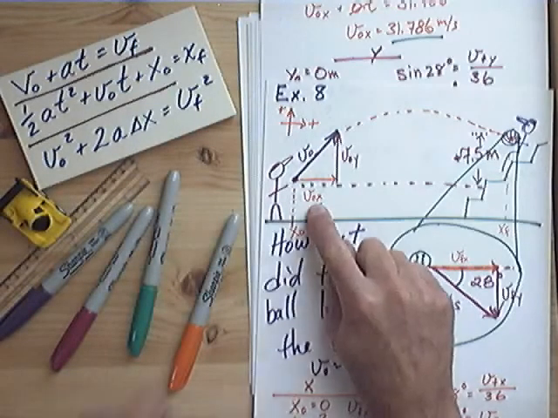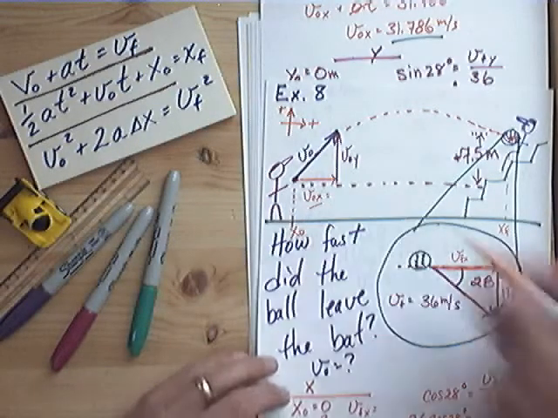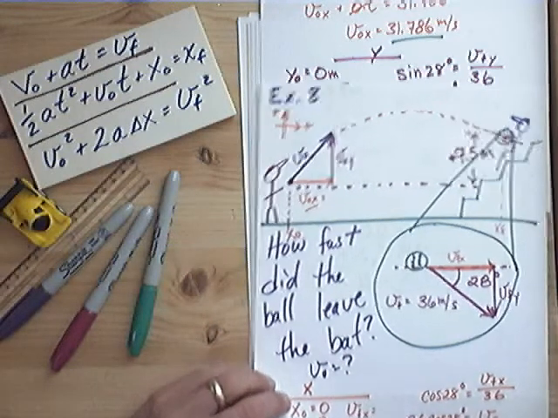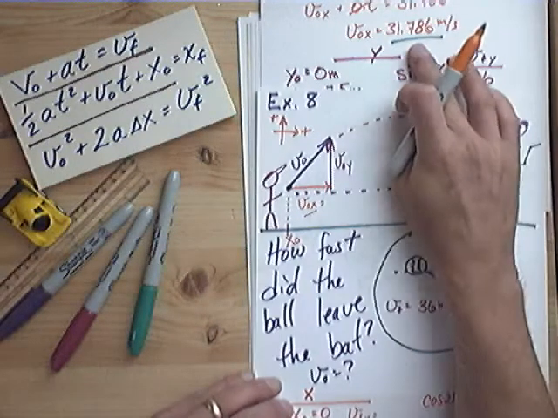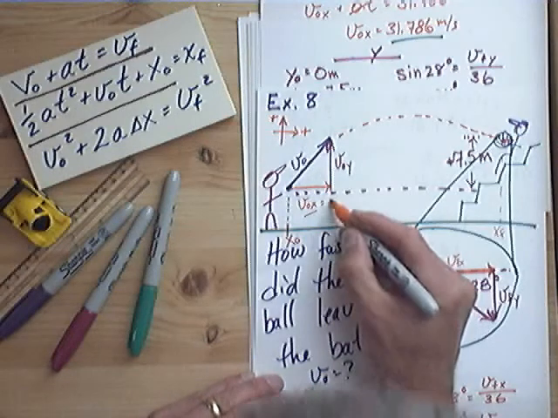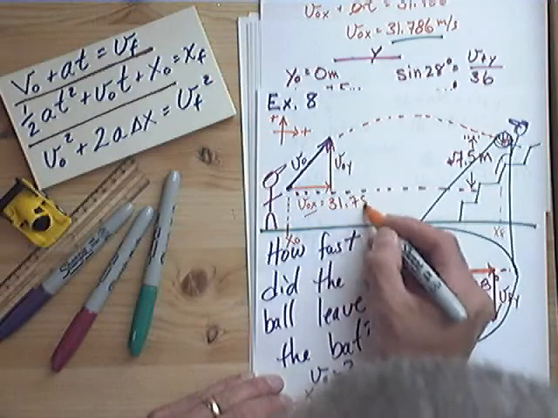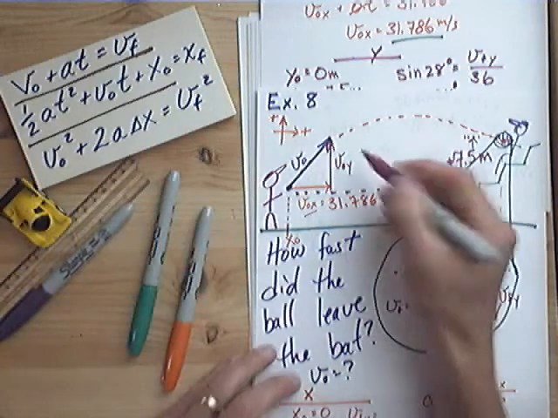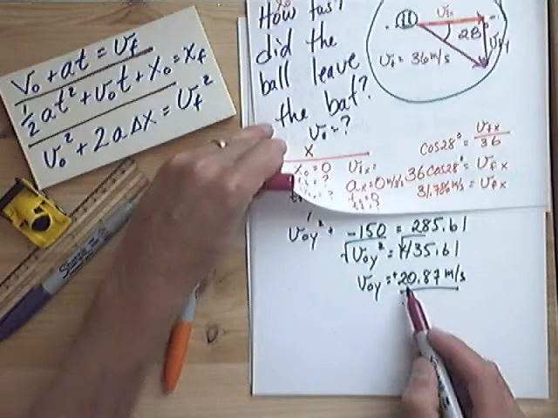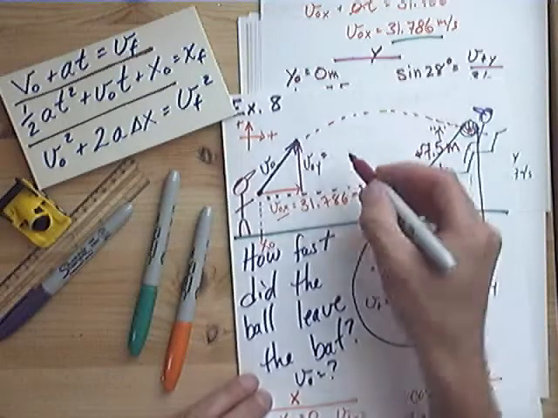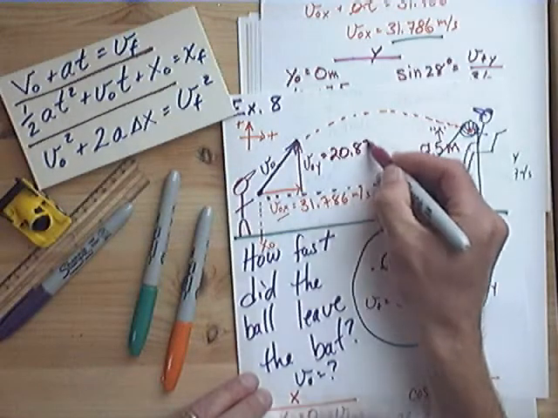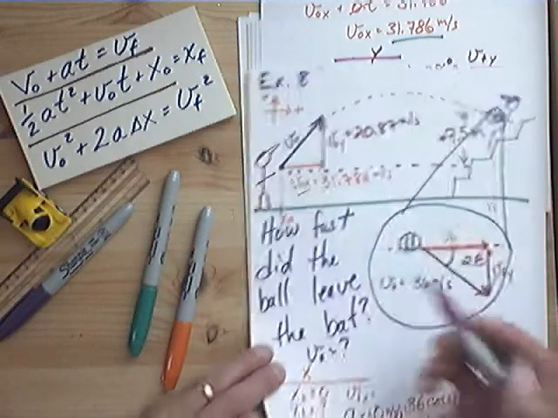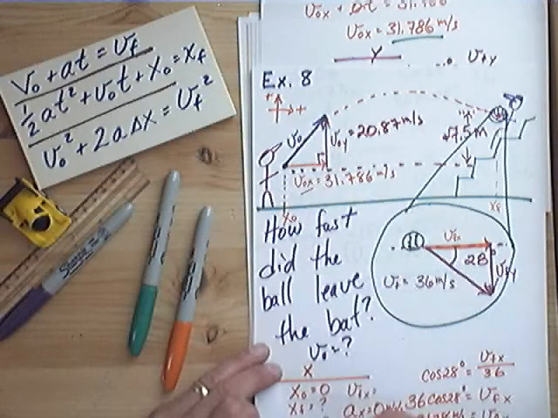I have this one now, so my initial velocity in the x direction is 31.786 meters per second. My initial velocity in the y direction is 20.87 meters per second. I have a beautiful right triangle.